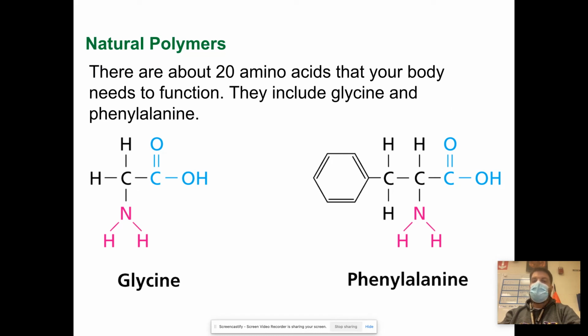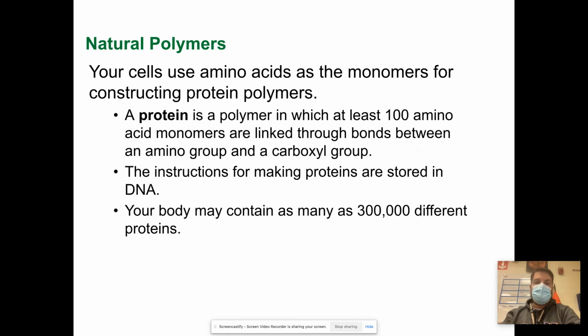There are about 20 amino acids in your body that you need to function. They include these two substances, these two molecular chains. Your cells use amino acids as the monomers for constructing protein polymers. A protein is a polymer that has at least 100 amino acid monomers that are linked through bonds between the amino group and the carboxyl group.